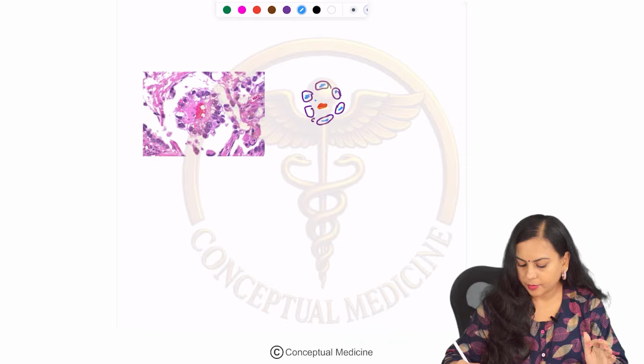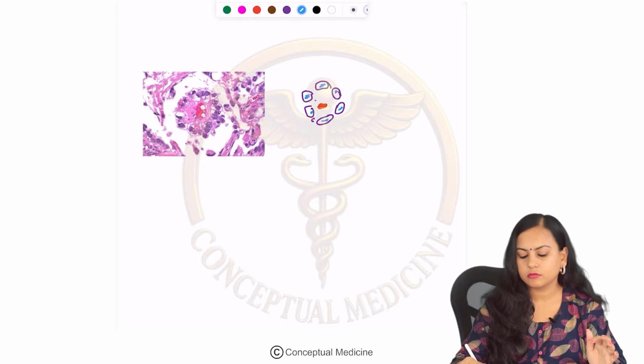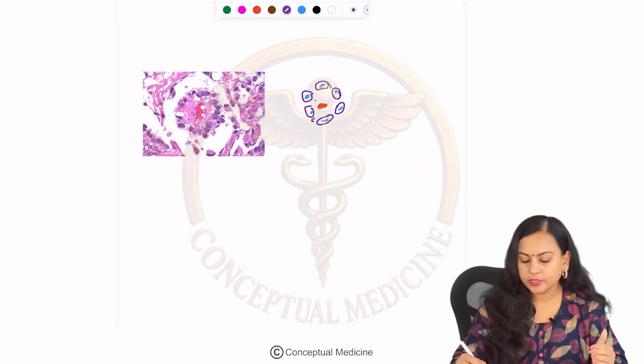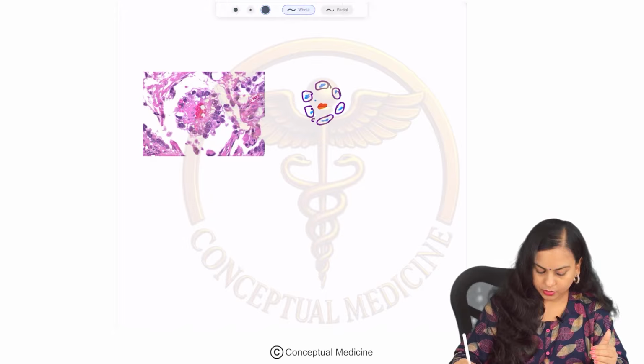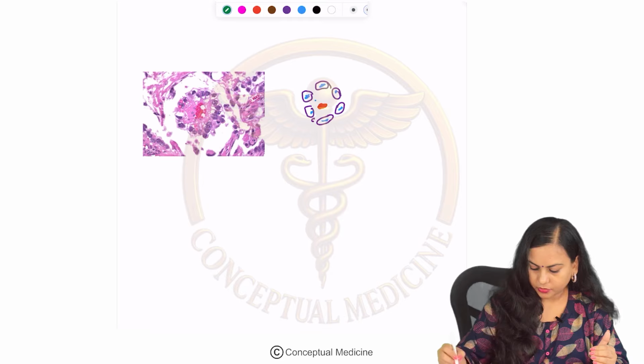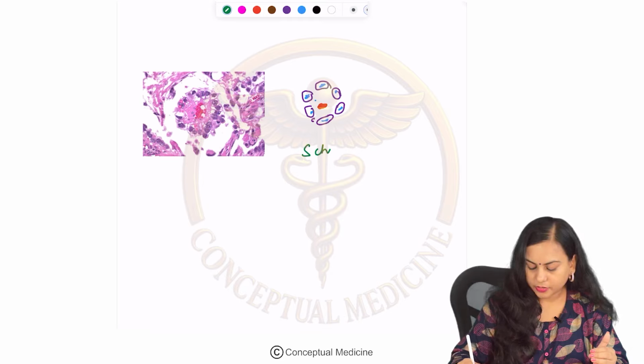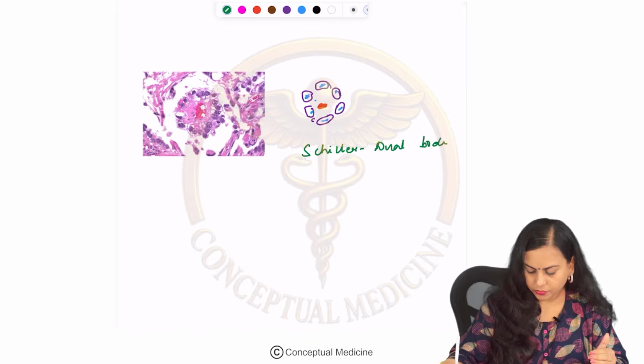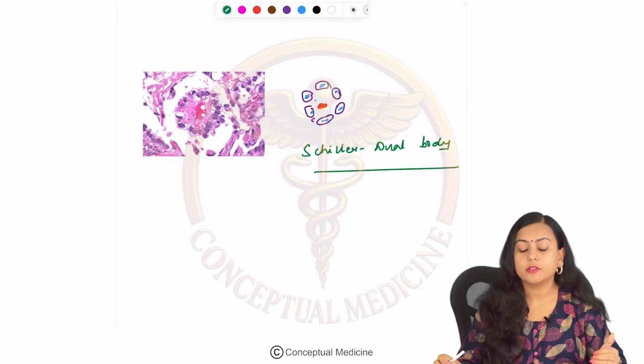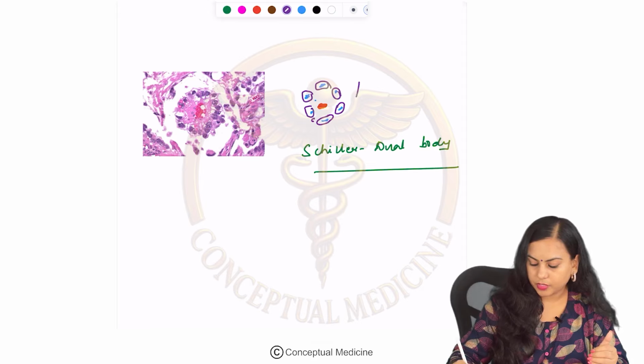So you are able to get this picture, right? This is something called as your Schiller-Duval body. This is seen in your endodermal sinus tumor.